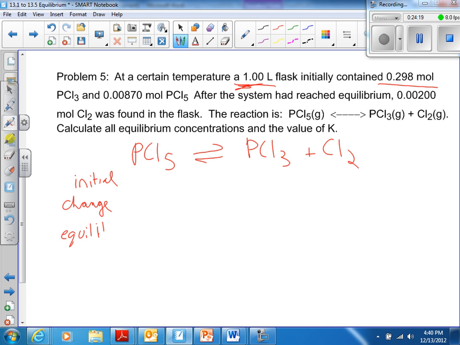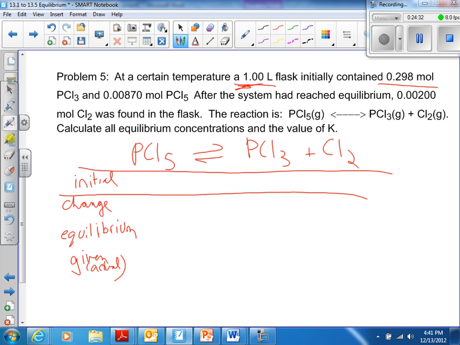And then we'll also have our given or actual equilibrium concentrations if they were given to us. So we set up this chart.